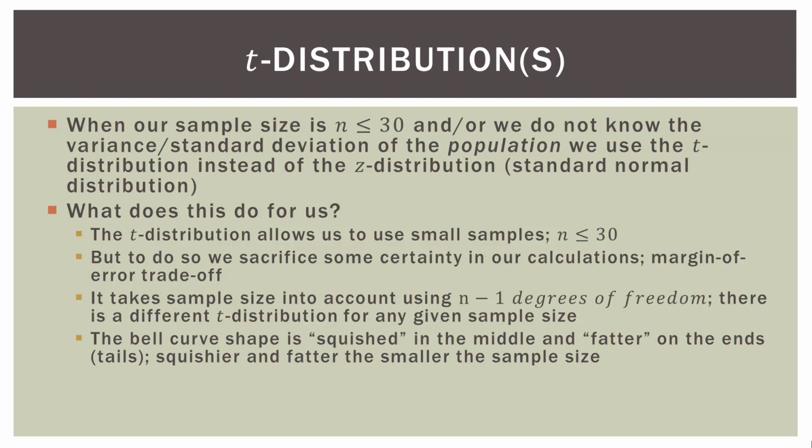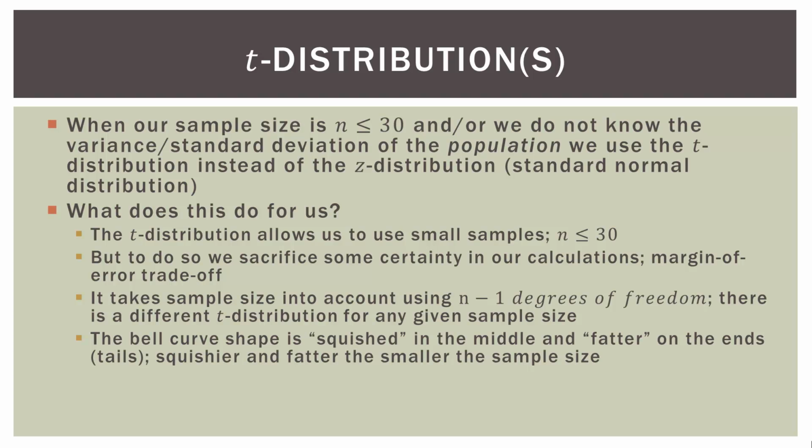And what does this do to the shape of the curve? Well, I'm sure you're familiar with the standard normal curve. But what about the t curve or the t bell shape? Well, they look very similar. But what happens is that in the t-distribution, the middle of the curve, and we'll see this on a slide in a second, gets squished down a bit, and the ends, or the tails, get pushed up.